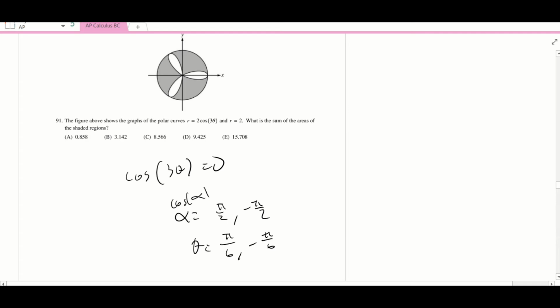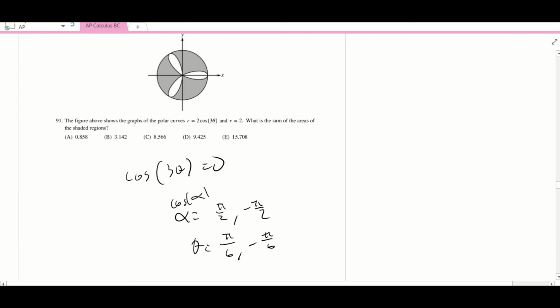So we can put that into a calculator because this gives us one petal here, right? Because cosine 0 is 0, it's right here. And once you go towards the first time it reaches 0, you come here. And if you go backwards from that, you go back to here. So it gives you the area of this petal right here.